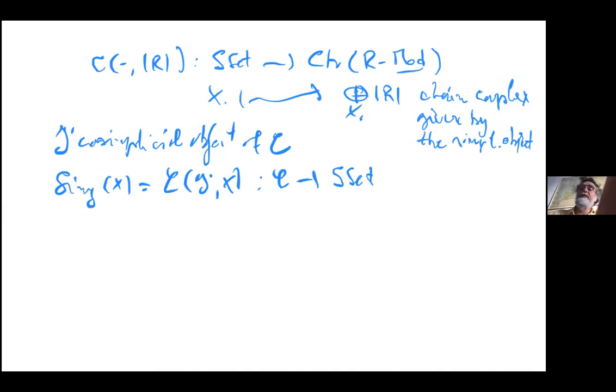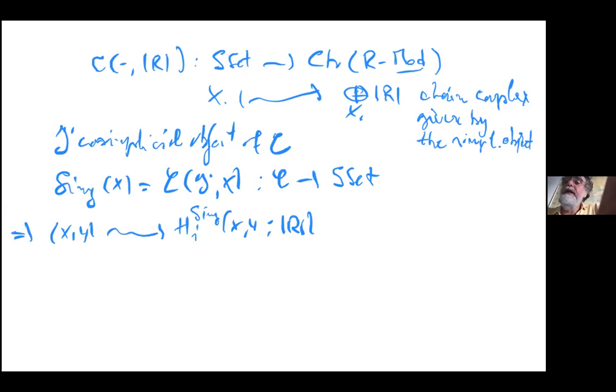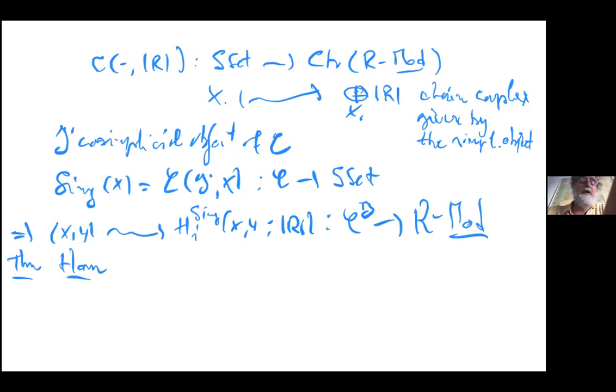Now you compose with the previous one, and we have that X, Y gives H_i sing of X, Y with coefficients in the universal hieratic R module, and this is a homology from C taking values in R modules.